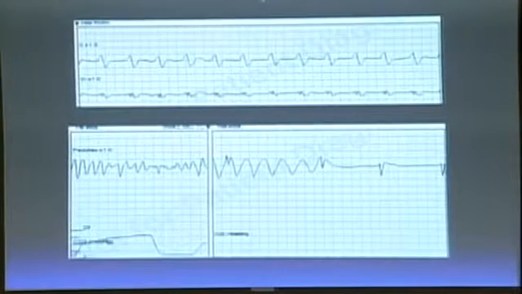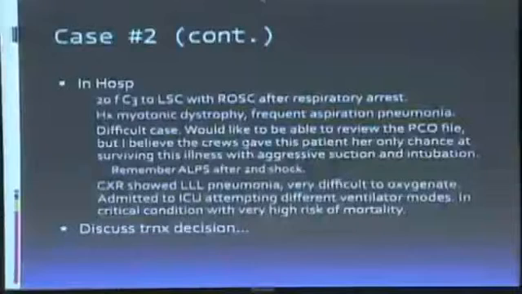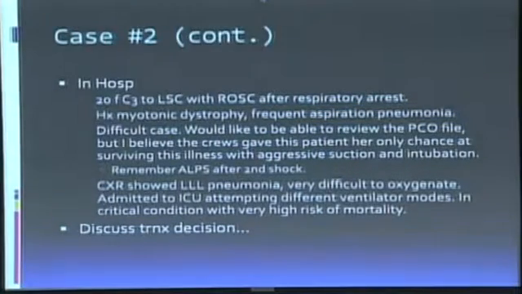The initial rhythm was ventricular fibrillation. The patient was shocked at 200 joules, and then shocked at 300 joules. Here's the monitor strip. And so they were able to return to spontaneous circulation.